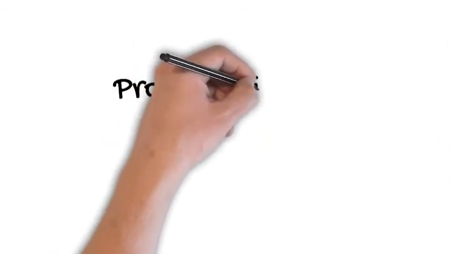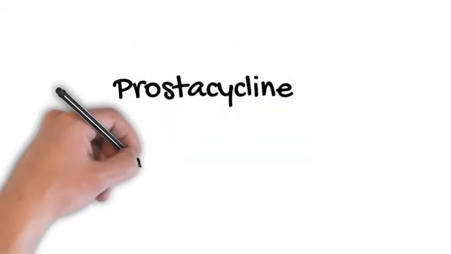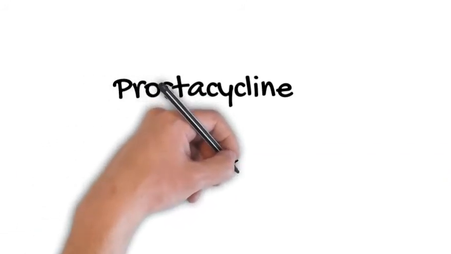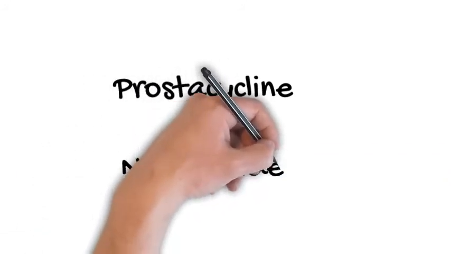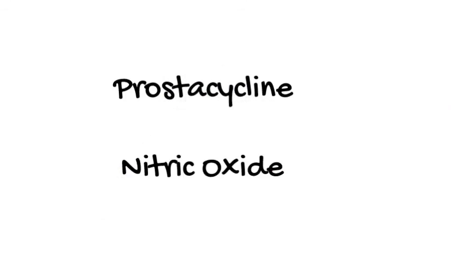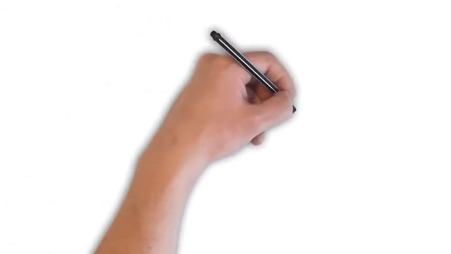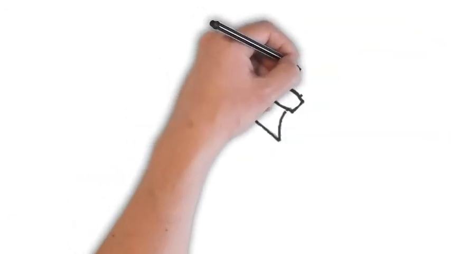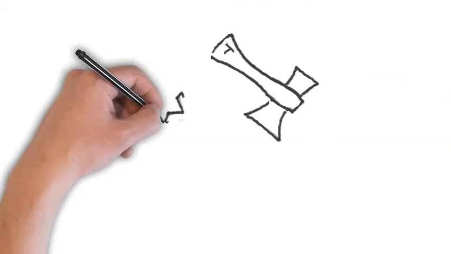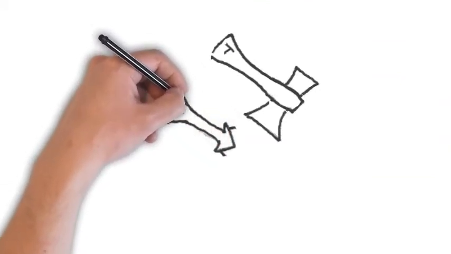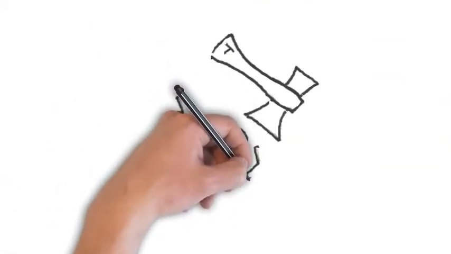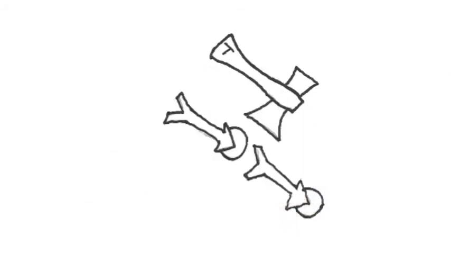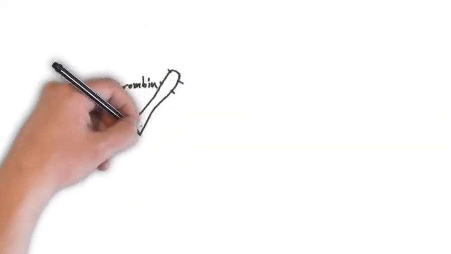Prostacyclin and nitric oxide all come from the endothelial cells, and they prevent platelet aggregation, so they stop new platelets from forming, and they stop existing platelets from growing. Remember, thrombin acts like an axe, chopping off that round portion on the end of the fibrinogen, causing fibrinogen to turn into fibrin, which can now stick together and form these long chains needed to reinforce the platelet plugs.